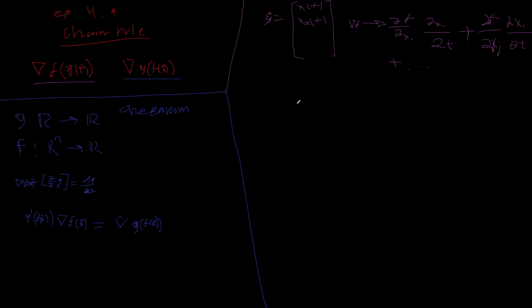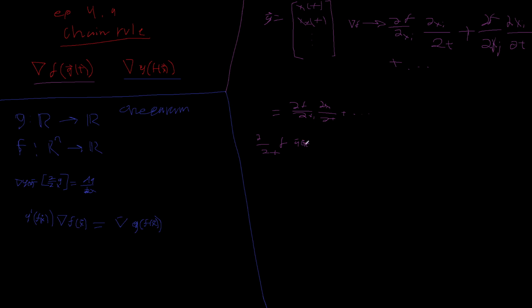So you end up with something like this: df over dx1 times dx1 over dt, plus dot dot dot. If you notice, this is taking the partial over partial t of f of g of t.